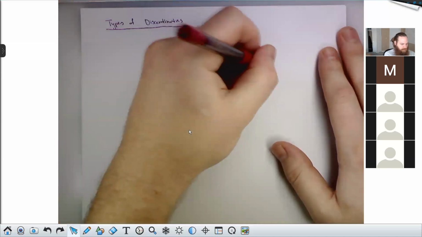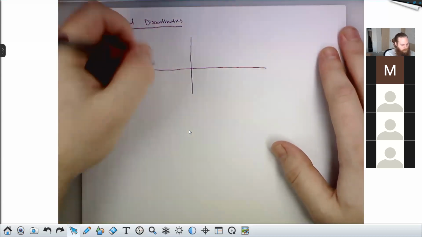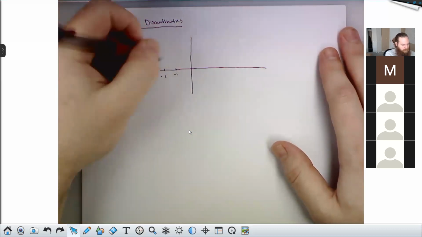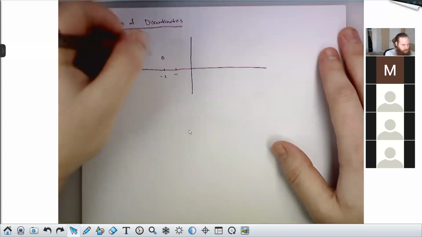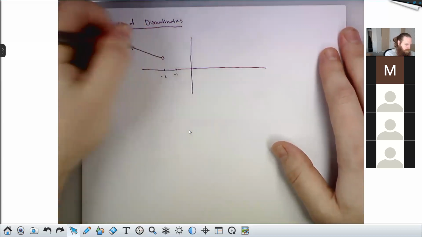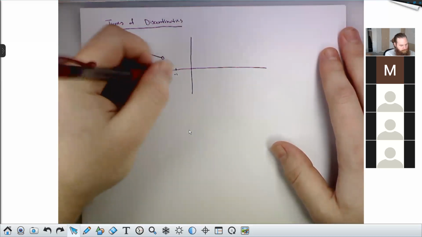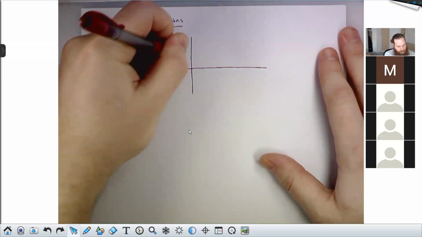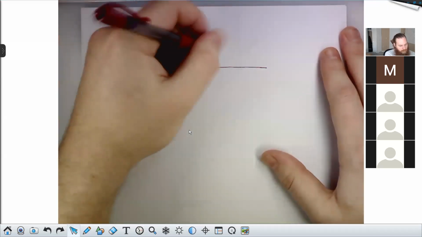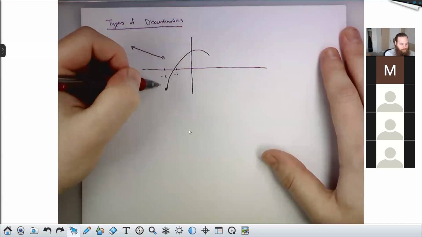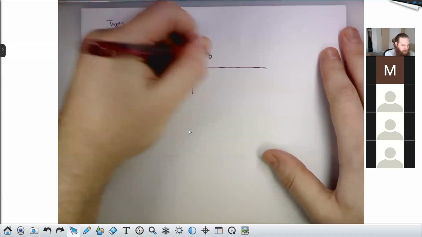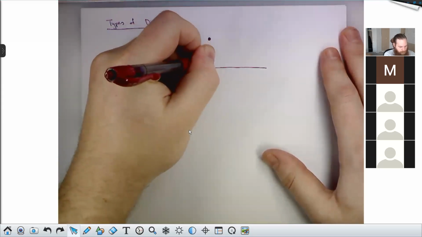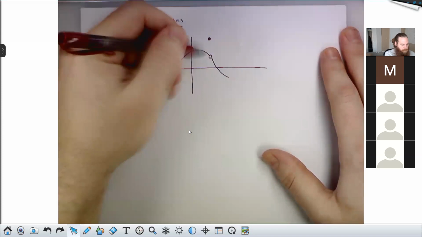So I'm going to draw a graph here that has all three. If you have some behavior like this, this would be a jump. This would be removable.